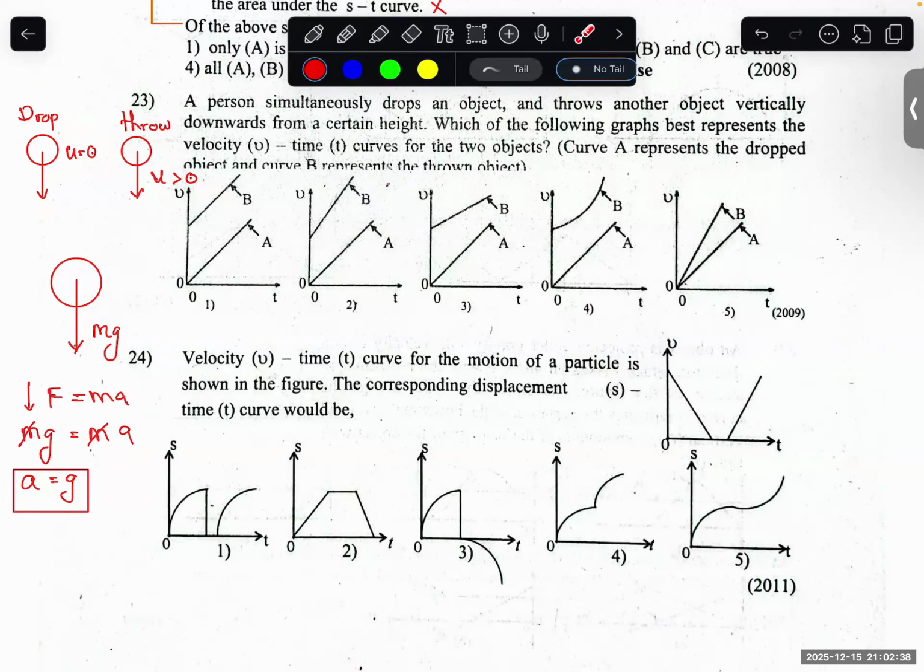When acceleration is the same, the angle that it makes with the x-axis should be the same. So the graphs should be parallel. Other graphs are all wrong. Only the first one.